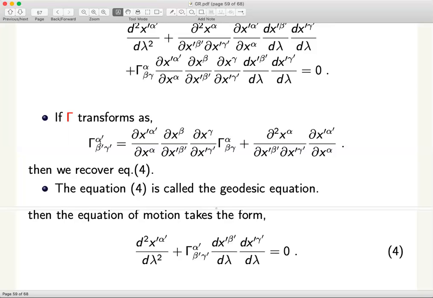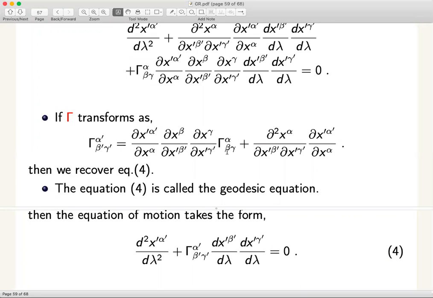But here is an object which is not a tensor, and we will see what is the advantage of having this object also. In some sense, we are going to go backwards in whatever we did just now in today's class. But you can imagine that you have gamma non-zero in some coordinate system.